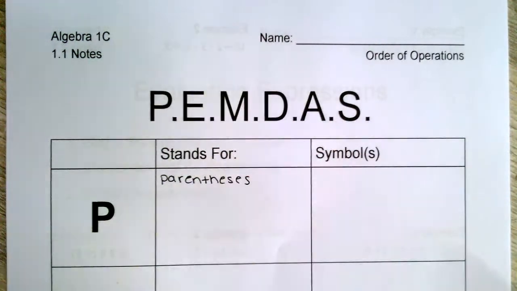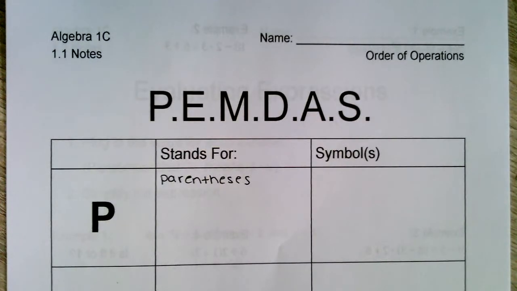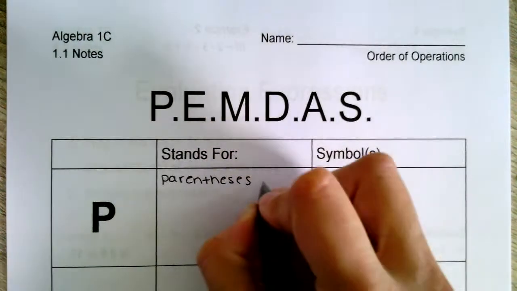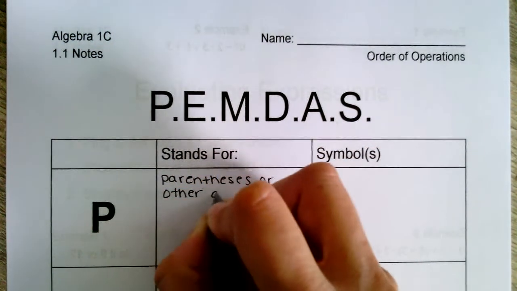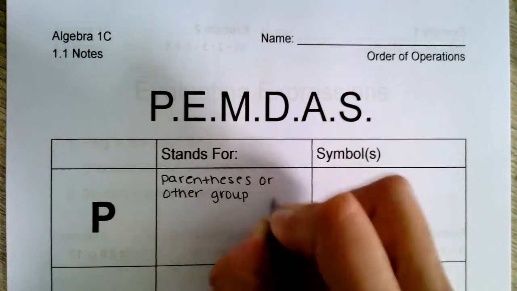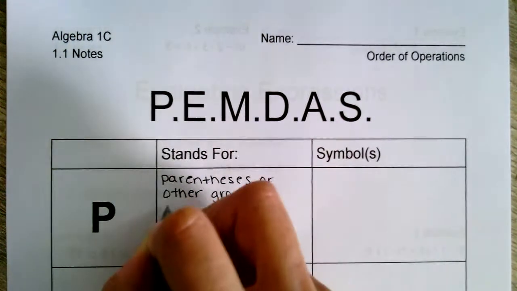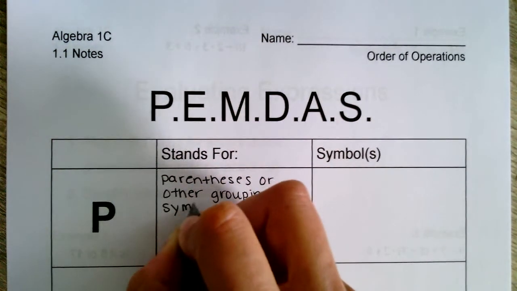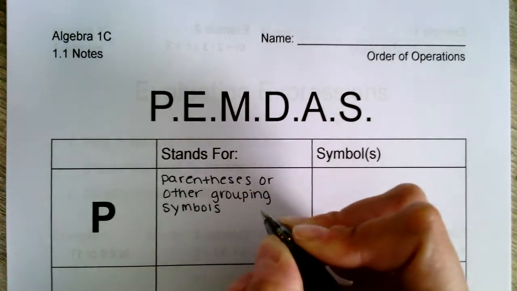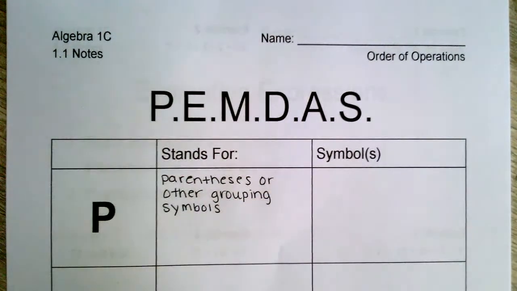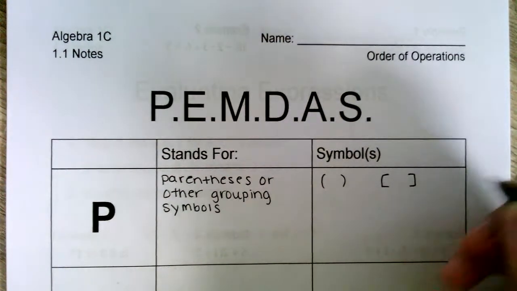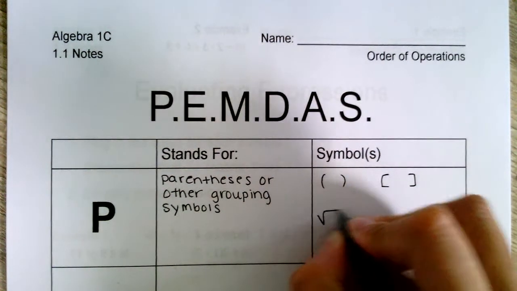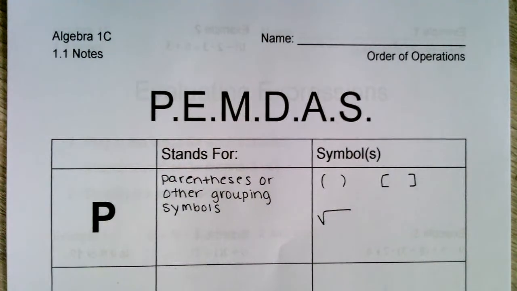Now, this section doesn't only stand for parentheses. What it stands for is parentheses or other grouping symbols. And you may be wondering what that means, and I'm going to tell you in just a second. So this could be your parentheses, it could be your brackets. You could have the square root symbol, which we'll be talking about at some point during the school year.